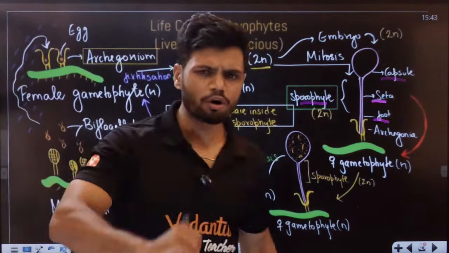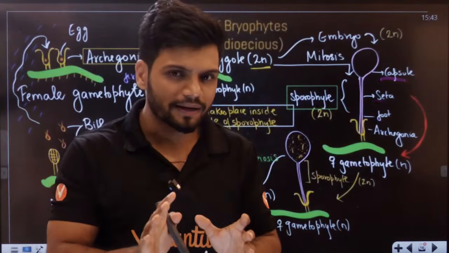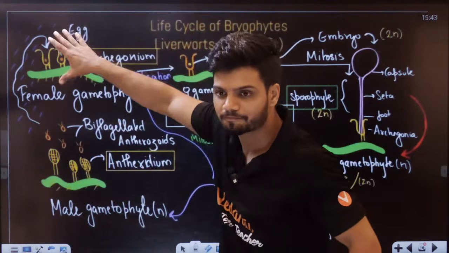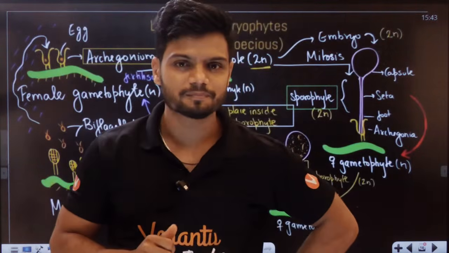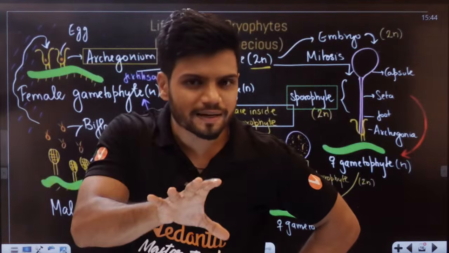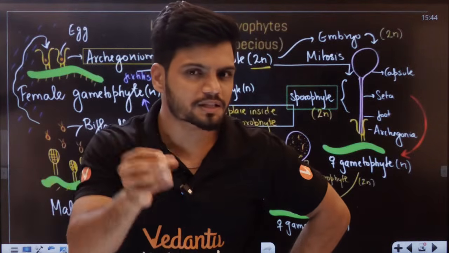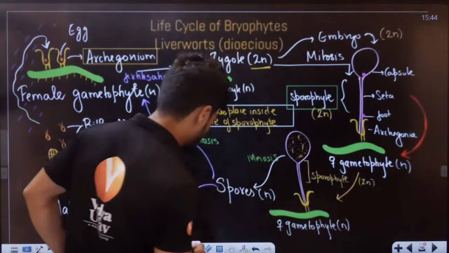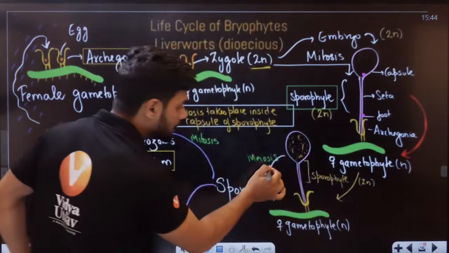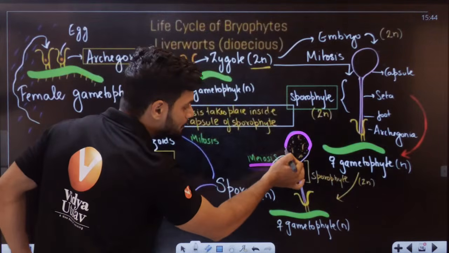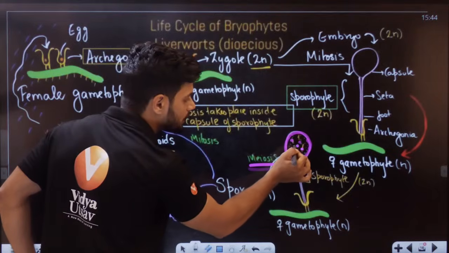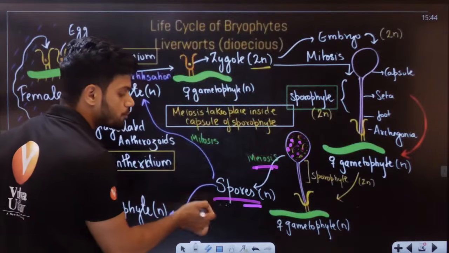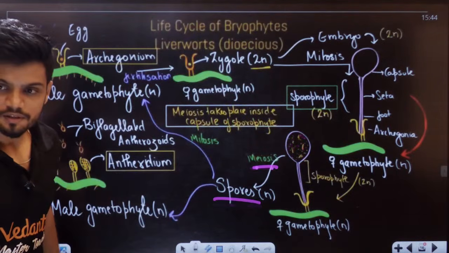Okay. Now all of you tell me, gametophyte gametes बनाता है. What will sporophyte make? Anyone in the chat who can tell me? Gametophyte is making gametes, sporophyte is making spores, है ना? So this sporophyte undergoes meiosis. इस स्पोरोफाइट के कैप्सूल के अंदर मियोसिस होगा, और मियोसिस होके स्पोर्स बनेंगे. दिख रहा है स्पोर्स?